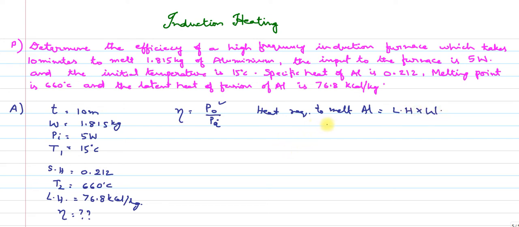So this will be equal to 76.8 into the weight, 1.815 kg. Finally this will come around 139.39 kilocalorie. So this is the heat energy required to melt the aluminum.